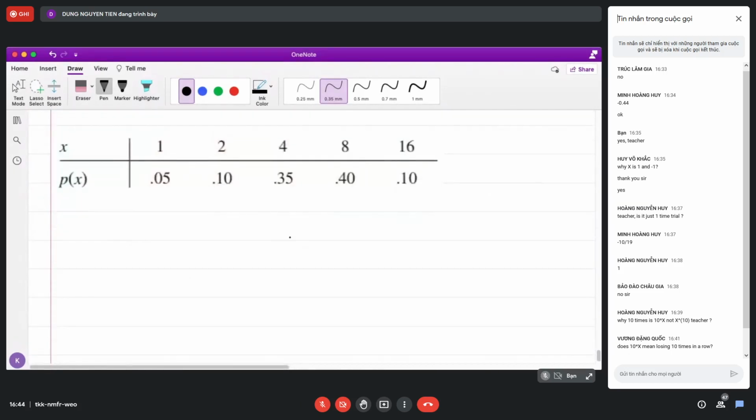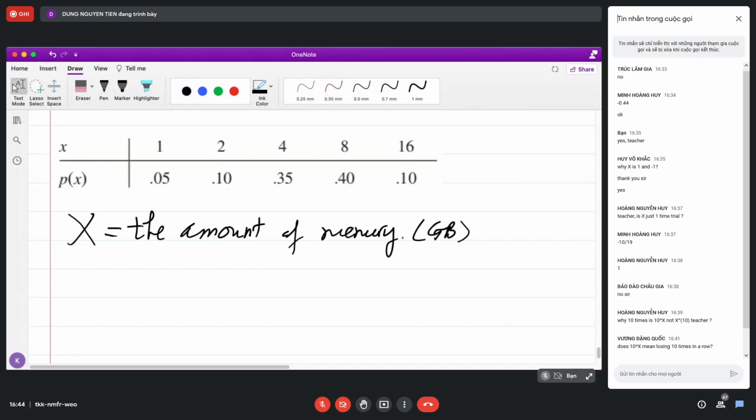Okay. Now, suppose that we have this model where the capital X is the amount of memory in gigabytes in a flash drive.